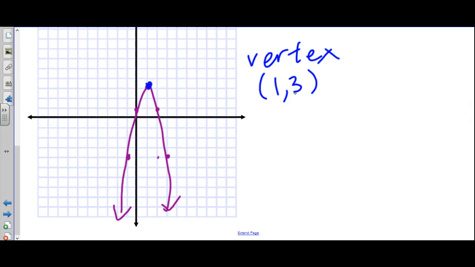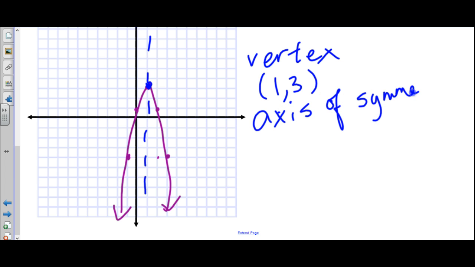Second, we could write in the line that's called the axis of symmetry. The axis of symmetry is the vertical line that cuts the parabola in half. Now, vertical lines always start out as x equals. If it starts out y equals a number, it would be horizontal, but we want vertical, so we do x equals.